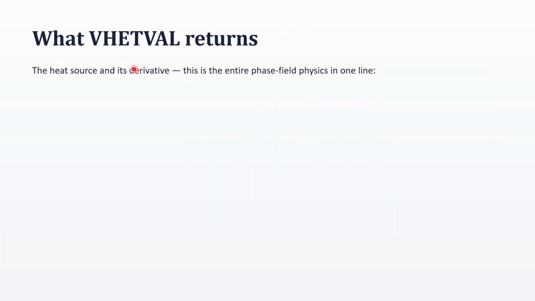So, what does VHETVAL return? The heat source and its derivative. This is the entire phase field physics in one line. It takes in the heat source and its derivative, and it returns the phase field or the temperature. So this is how the heat source is defined, and this is the derivative of the heat source with respect to phase field.